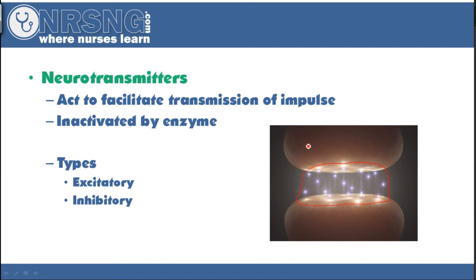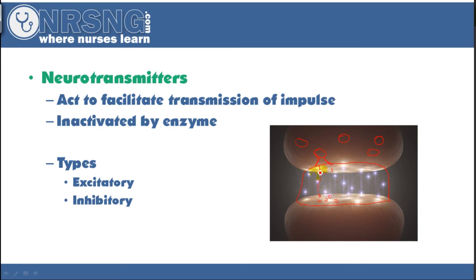You'll have these neurotransmitters that become vesicle-packaged, and they'll travel toward the synaptic cleft, and as they do so, they'll open and eject these neurotransmitters into this space, and they'll go and bind here on the receiving end. And that facilitates the transmission of these impulses.